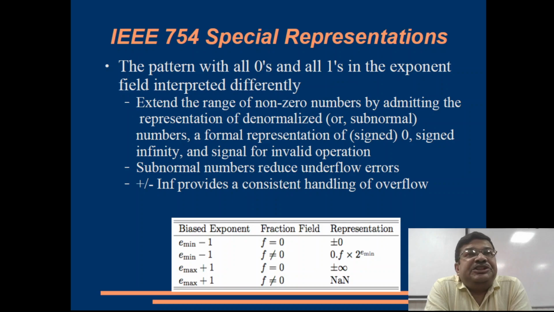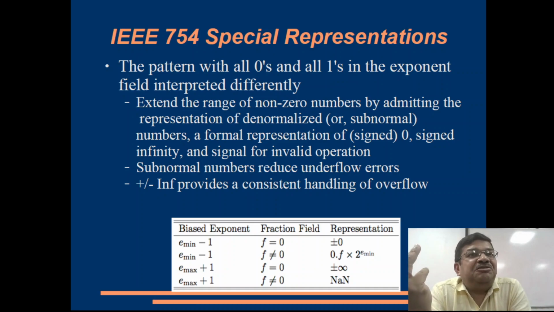Now there are four special representations that have been defined in the standard to take care of special situations. As I said in the beginning, the number 0 cannot be defined. Standard floating point representation does not have any representation for 0. So if I define a variable, let's say float x, and I initialize it to a value of 0, 0 is a valid number to be initialized, right?